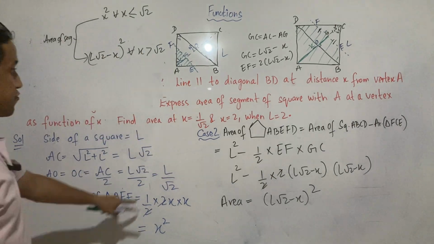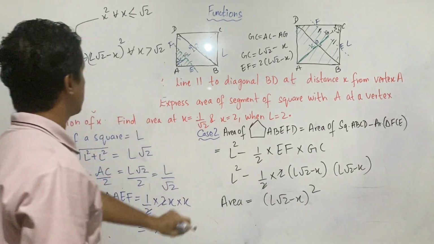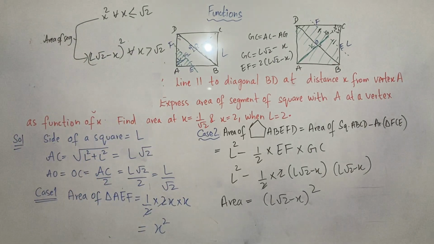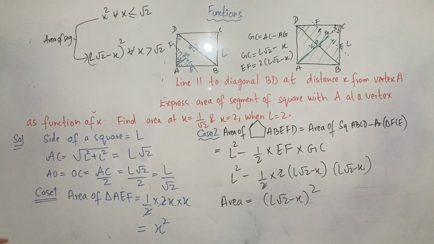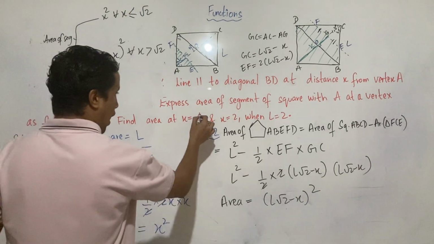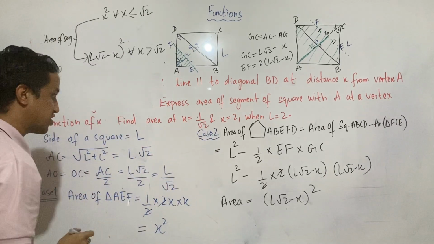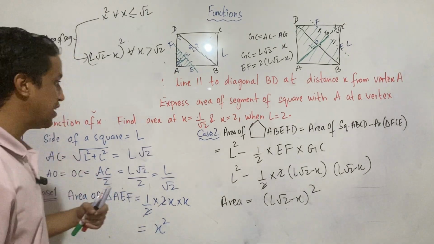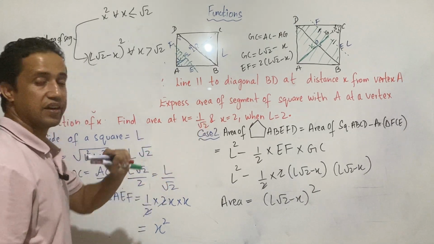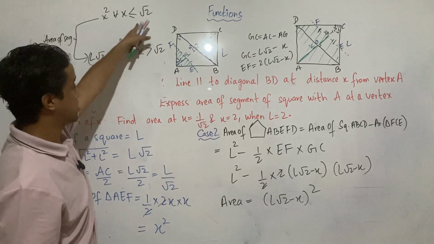Now, you have to find area at x equal to 1 by root 2. What does it mean? 1 by root 2 means 1 divided by, what is the value of root 2? 1.414. Okay, so it means that this is going to be less than 1, right?